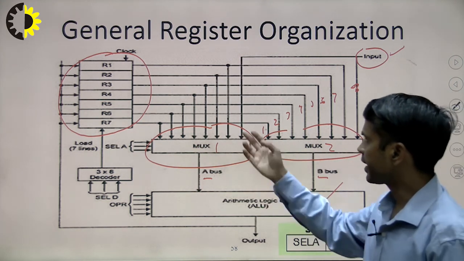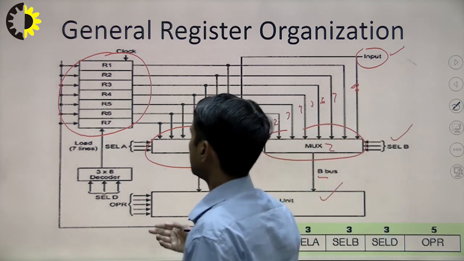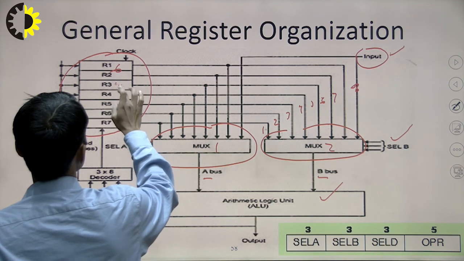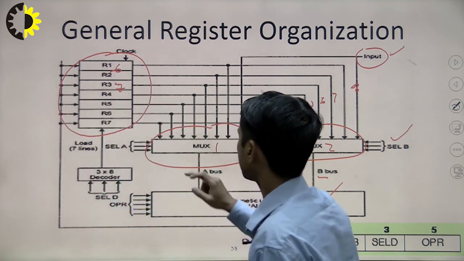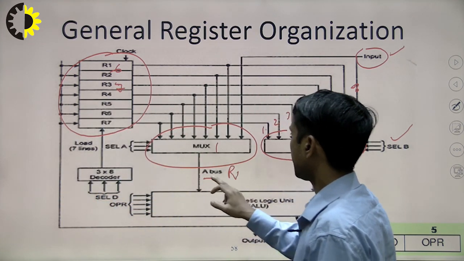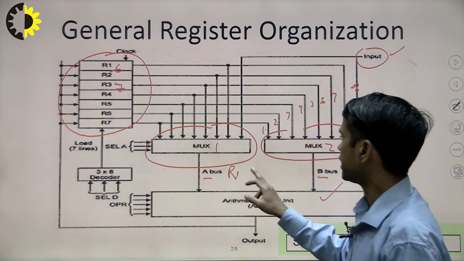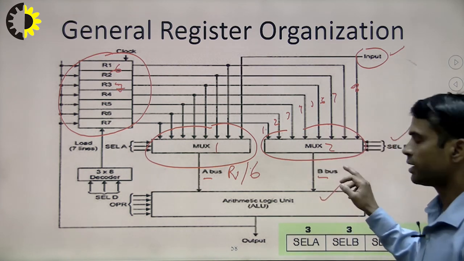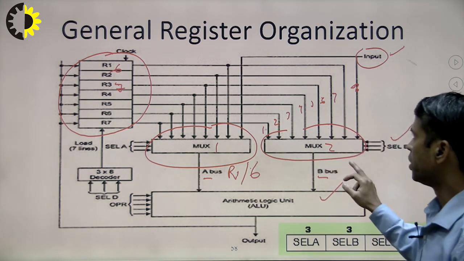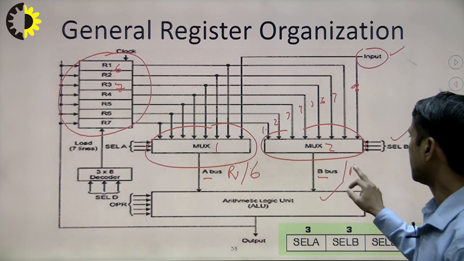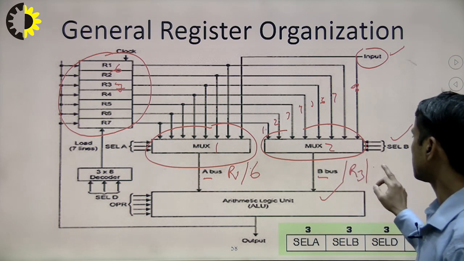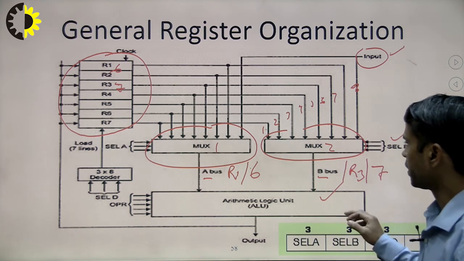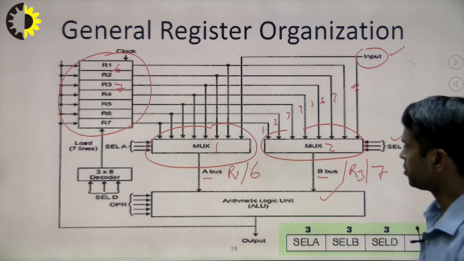Now, when some data is stored in some register, say for example R1 contains 6 and R3 contains 7, then depending on the selection of register R1 by multiplexer 1, it will send data 6 to the arithmetic and logic unit, and when multiplexer 2 selects R3, it will send output 7 to the ALU. So, 6 and 7 are available for the ALU to process.